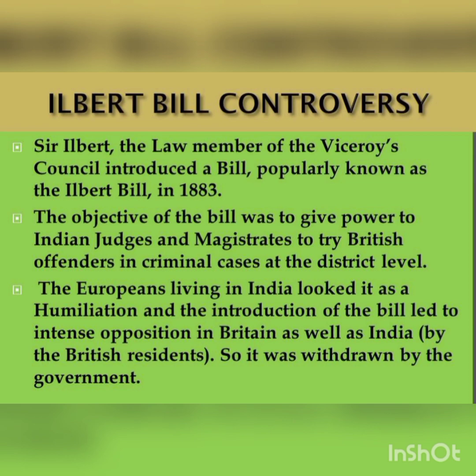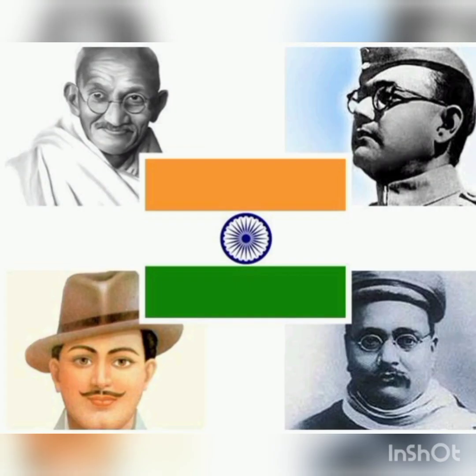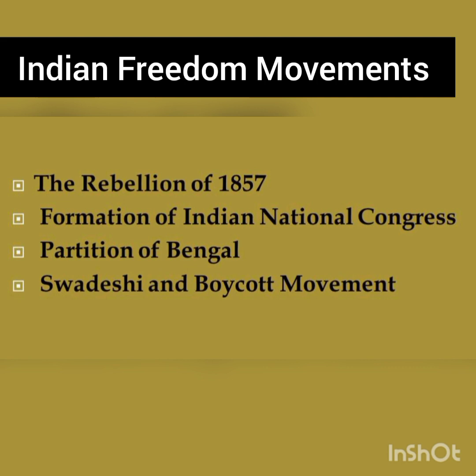Now students, with this growing discontent against the British, there were many brave movements that played a great role in making India independent. Let us take a look at some such brave movements. This all started with the first organized movement against the British, that is the Rebellion of 1857.